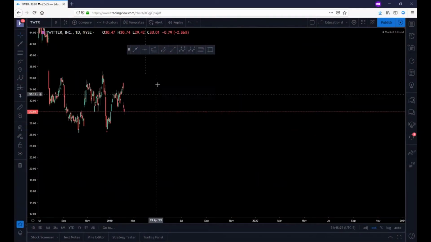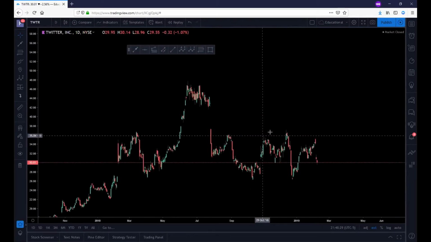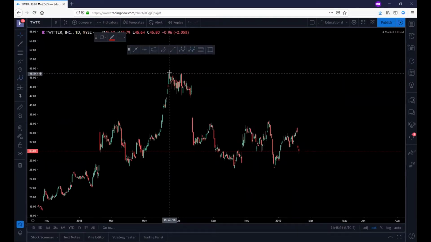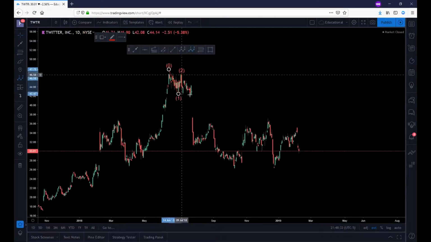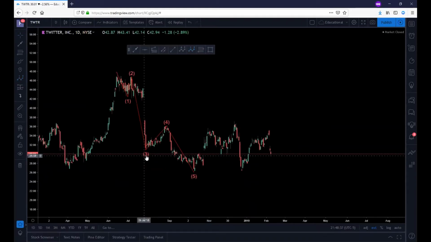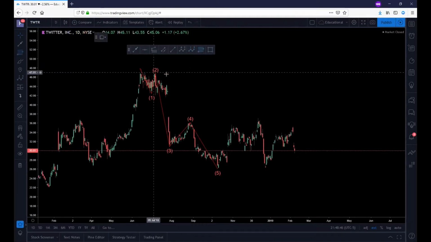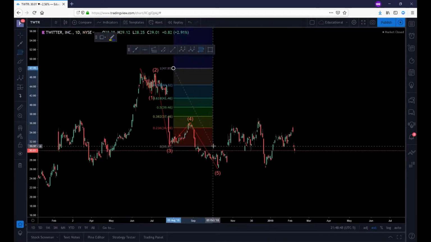So now let's take a look at an actual sample. So here we can see that we have a wave 1, a 2, 3, 4, and a 5. And as you get more practice and get used to seeing them, you'll be able to determine them quickly. But you have to verify them with the Fibonacci ratio.